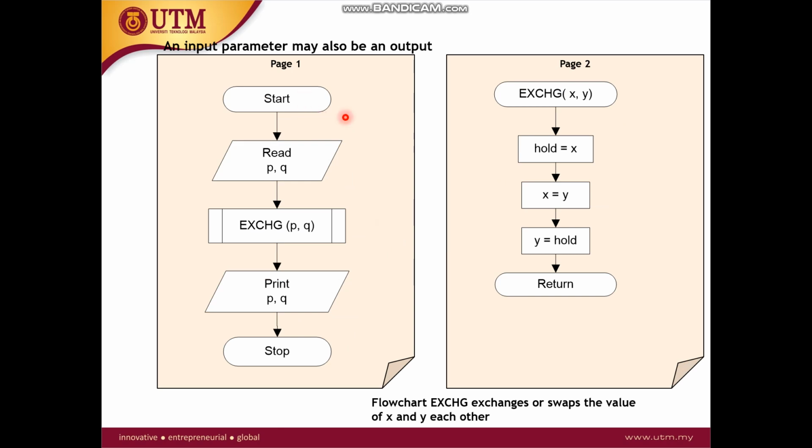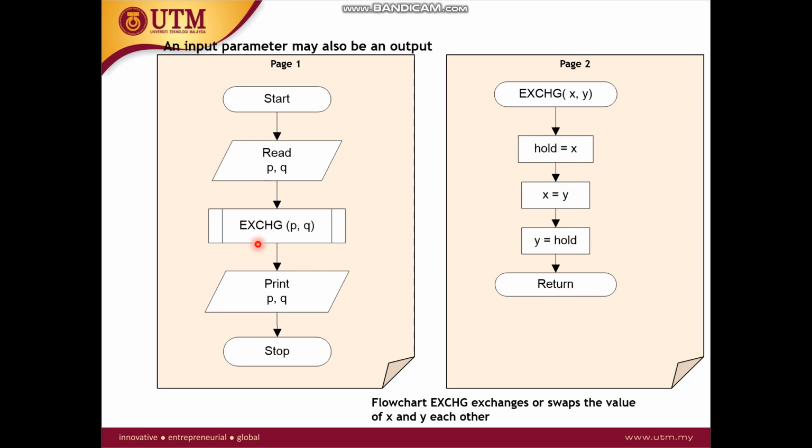Here we have another example to exchange the data inside 2 variables. So we are reading those 2 variables and we are calling this function, exchange applied on P and Q, exchange applied on X and Y. So we are holding X, the first parameter. We are assigning the data inside the second one to the first, and then assigning the data of the second parameter from the hold, which already holds the data of the first parameter, and we are returning.